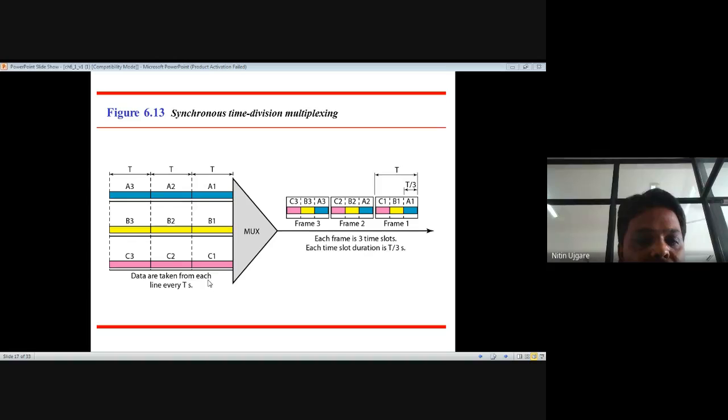So data are taken from each line in every t seconds, and each frame has 3 time slots. You can see the first frame has 3 time slots, the second frame has three time slots, and the third frame has 3 time slots. So each frame has 3 time slots, and each time slot duration is always t by 3 seconds. So t is this one, the input time slot duration.